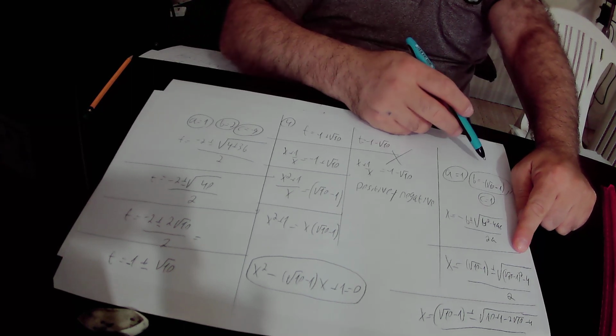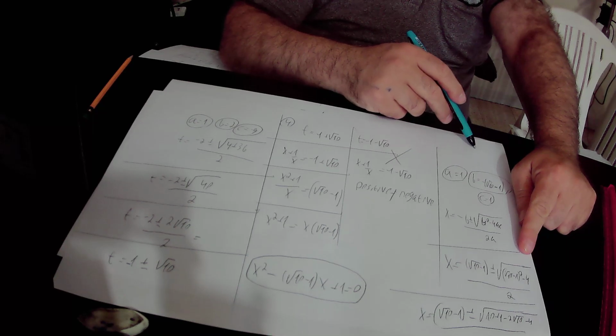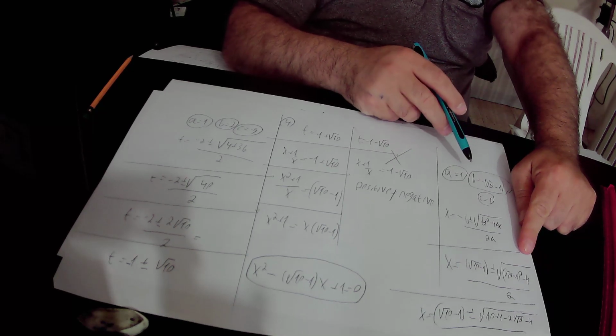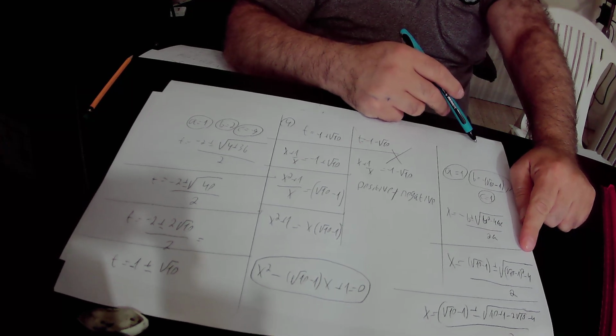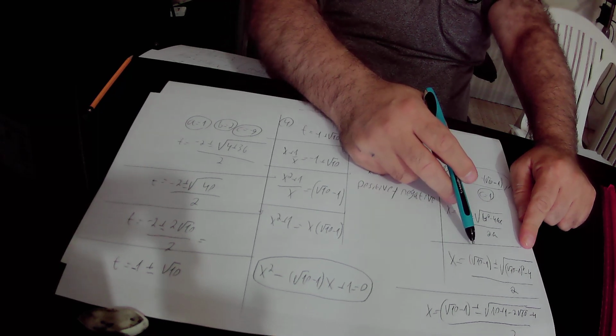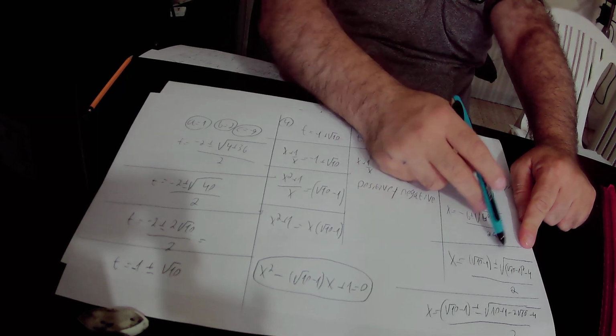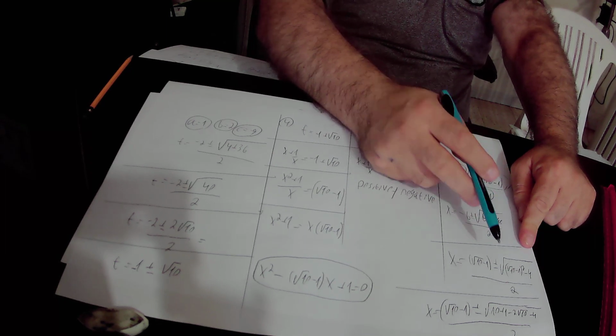B squared is square root of 10 minus 1 squared, minus 4ac. A is 1, c is 1, so it is minus 4 times 1 times 1 is minus 4. So in conclusion we found out that x equals square root of 10 minus 1 plus minus square root of square root of 10 minus 1 squared minus 4, over 2.